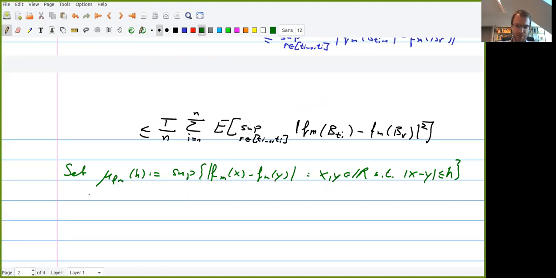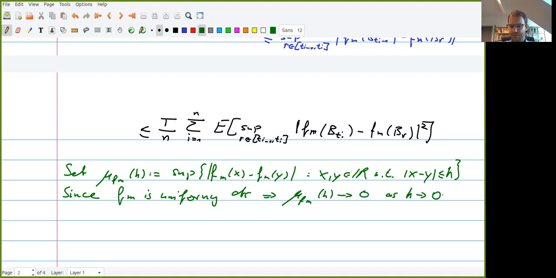And the point is, since f is uniformly continuous, because it's a continuous function on a compact set, we know that this modulus of continuity goes to 0 as h goes to 0. All right, so let's apply this.